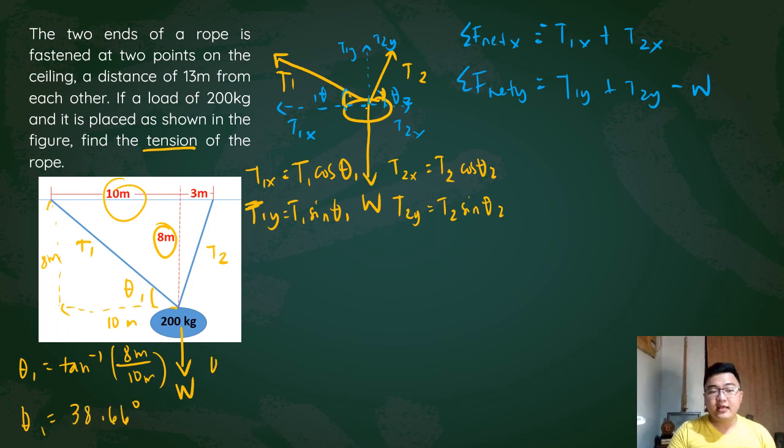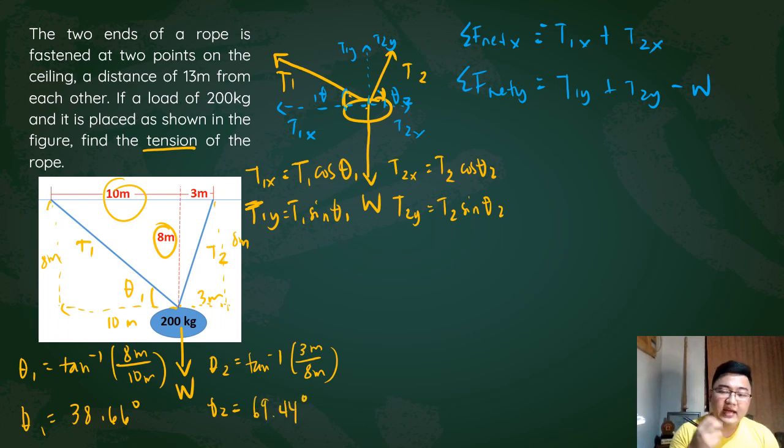Then for theta 2, we have the inverse tangent. If this is 3 meters and this is still 8 meters, then it is 3 meters over 8 meters. Therefore, theta 2 will be equal to 69.44 degrees.